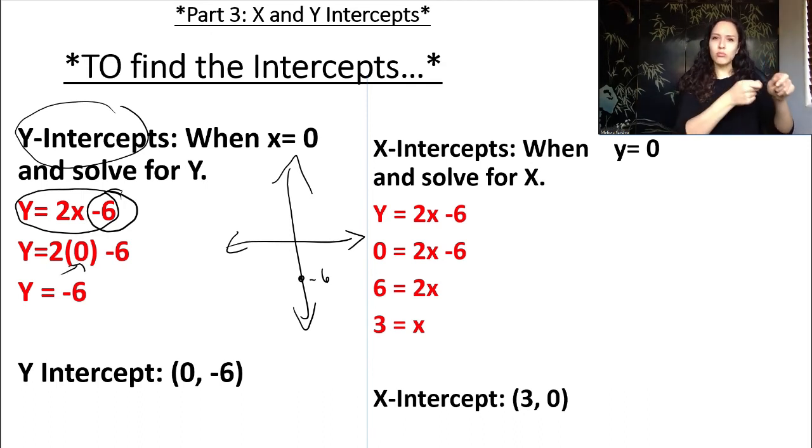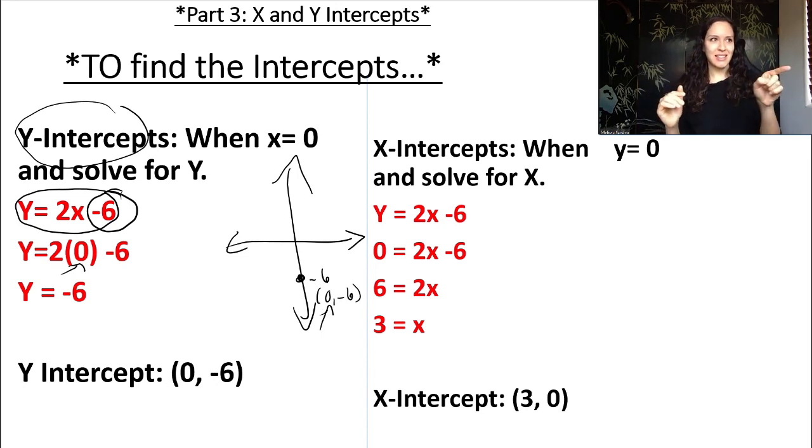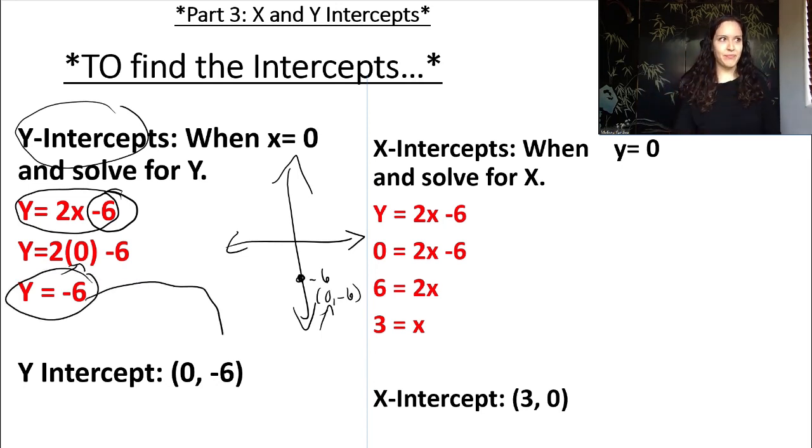Because look, what's the coordinate of this? 0, -6. Whoa, what is the x value? 0. So you plug in 0 for x and you get this, so that is going to be your y value. But how did I get 0 here? That's because we plugged in 0 for x. So 0, -6.